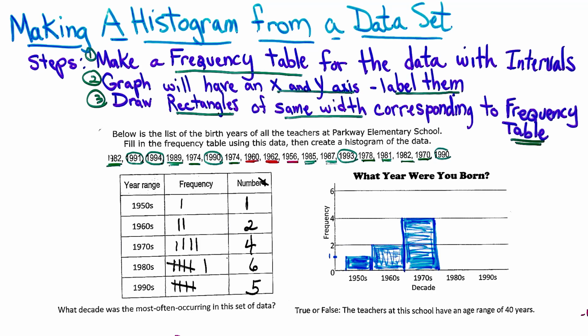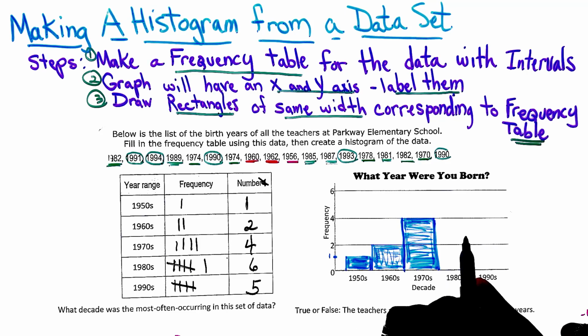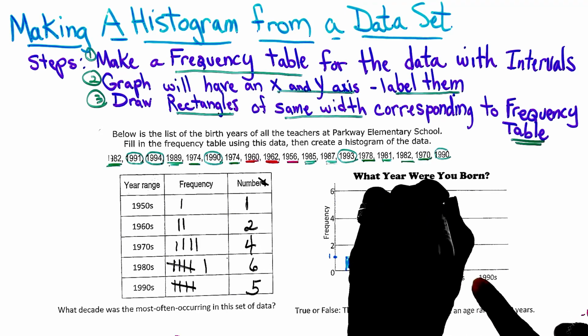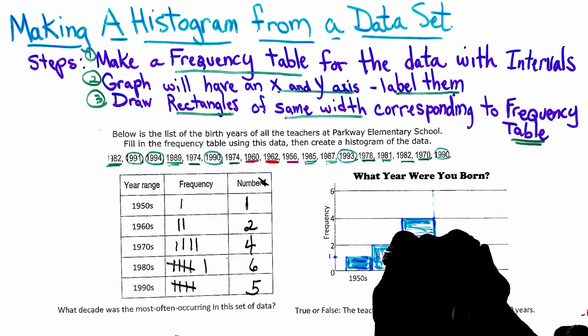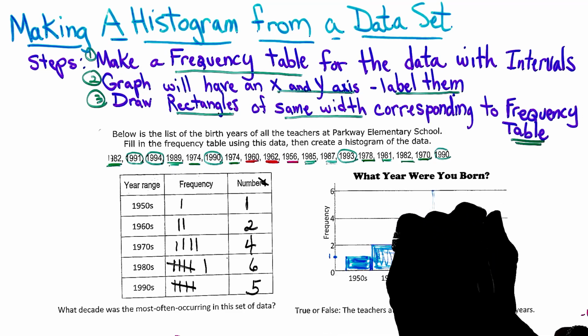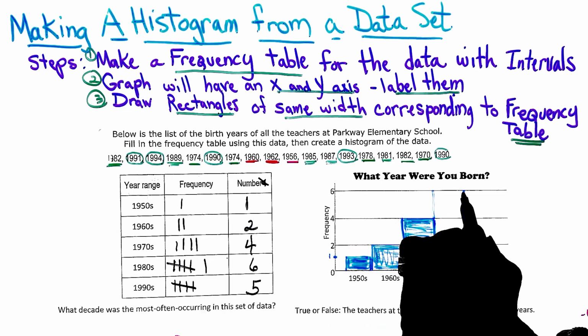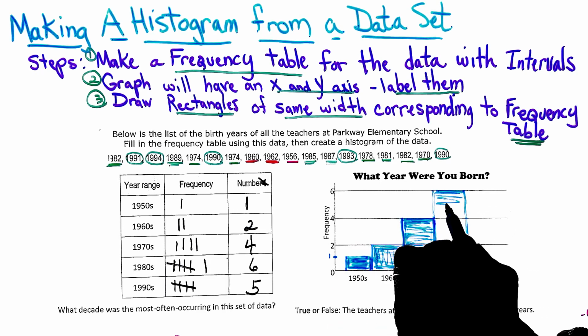And now looking at my 80s, I see I have 6 of them. So I'm going to go all the way up to the top. And I'm trying to make it the same width, doing the best I can. But it might not be perfect because I'm not a machine.